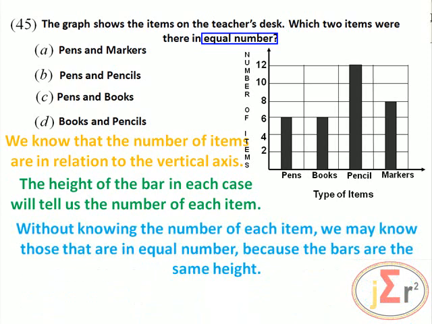Without knowing the number of each item, we may know those that are in equal number because the bars are the same height.